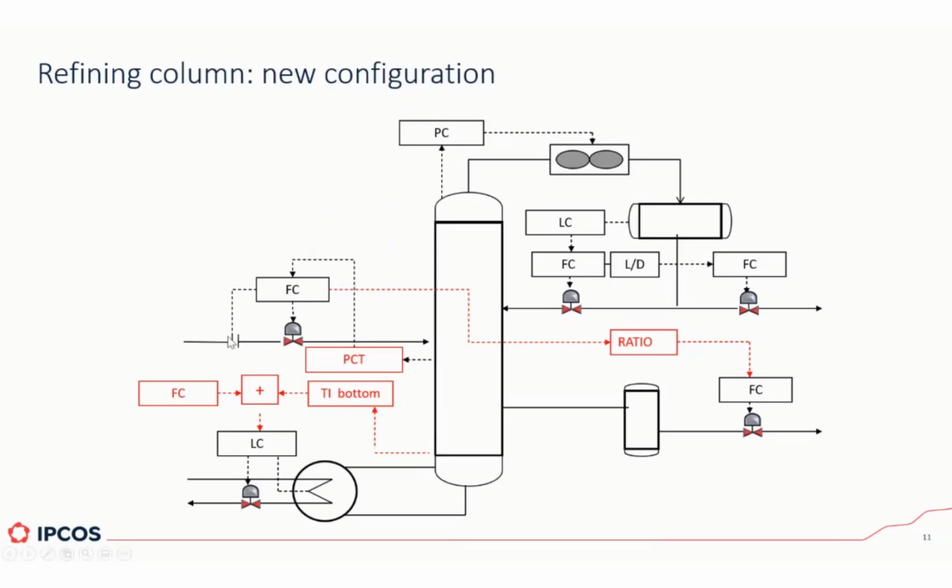So we have the feed controller is actually a slave controller for a temperature controller in a sensitive tray in the column. This sensitive tray is the tray where the impurities are being taken from. So guaranteeing that you have the correct temperature in that tray was also a guarantee that you were taking out the majority of the impurities.